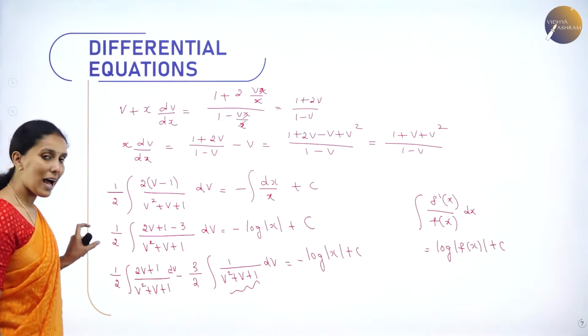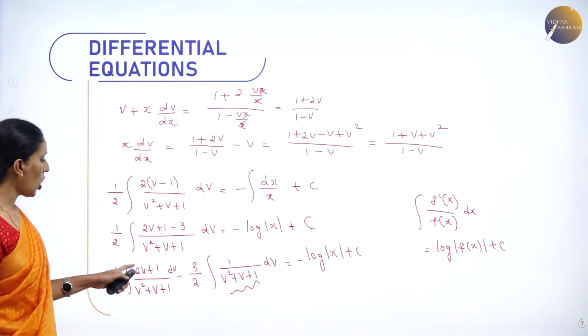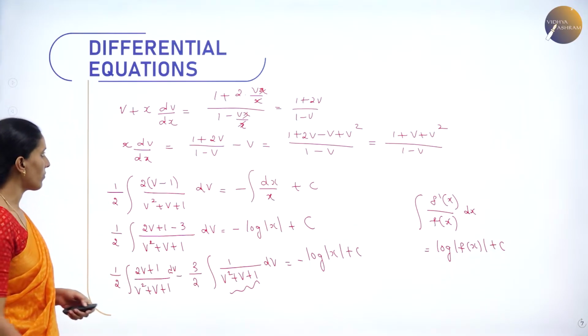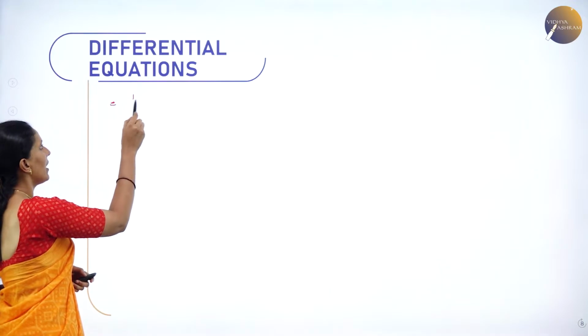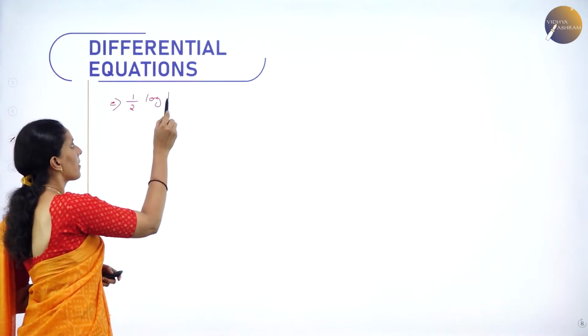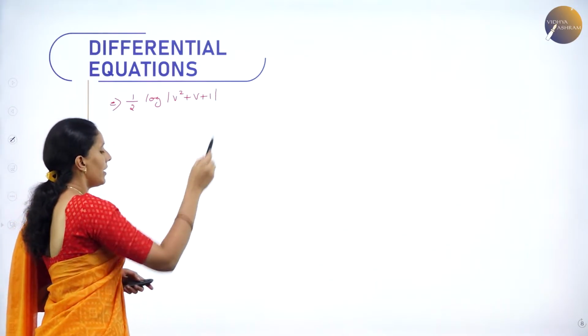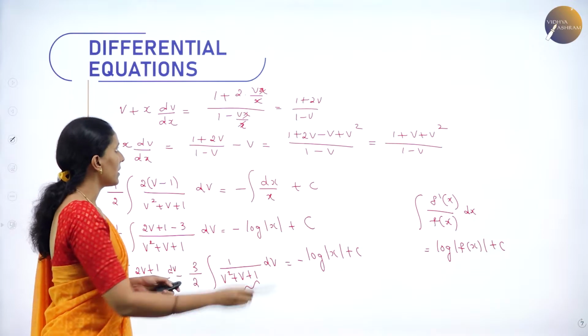Hence by keeping half outside, if you apply the integral for this, it will become log of v square plus v plus 1. So therefore here I can write half log of v square plus v plus 1, and here we have minus 3 by 2.